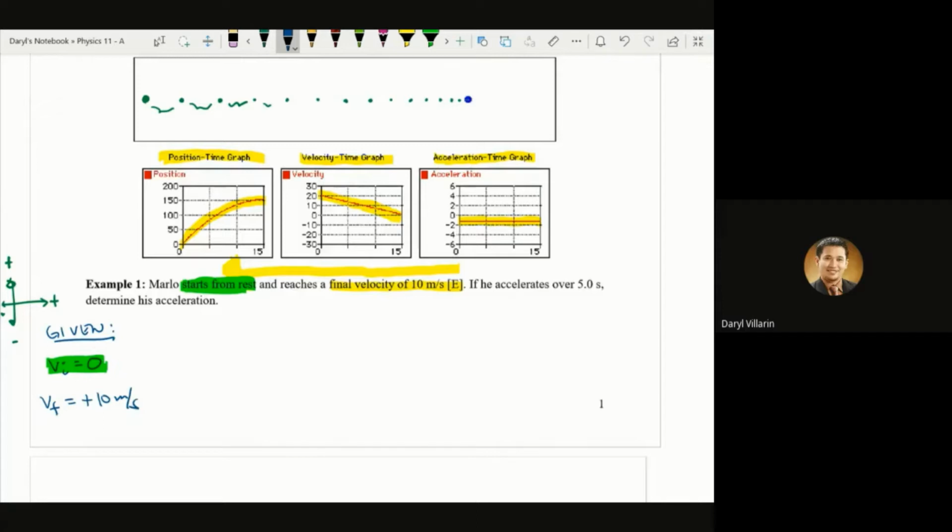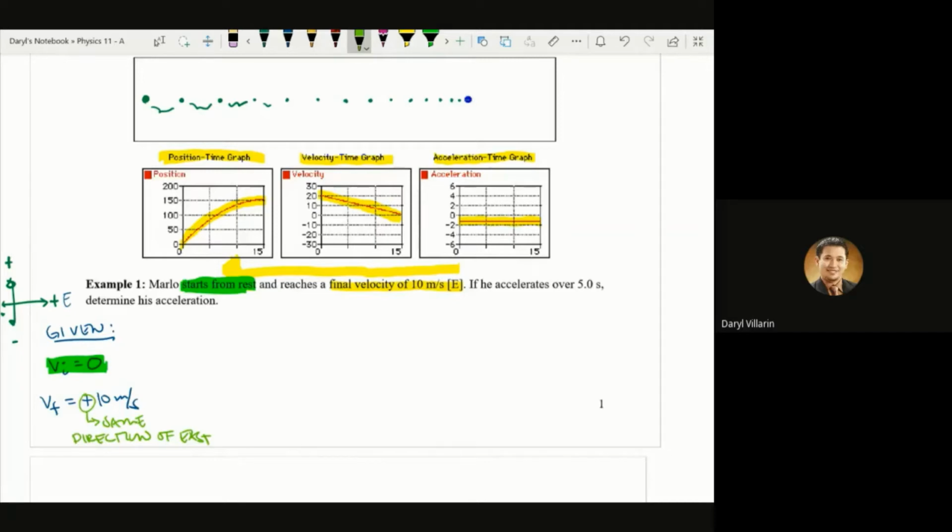Again, east is here, so it's to the right. Therefore, I will use the notation that it's positive. This is the same thing as the direction of east. It's just much easier in our computation if we use positive or negative sign.